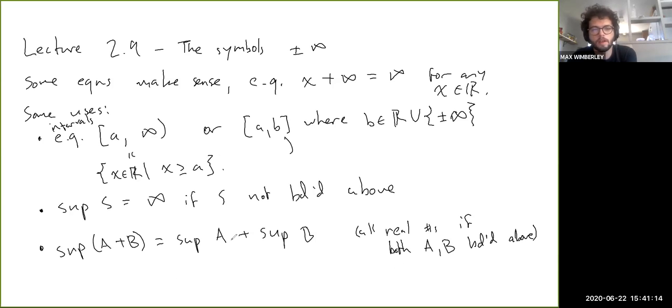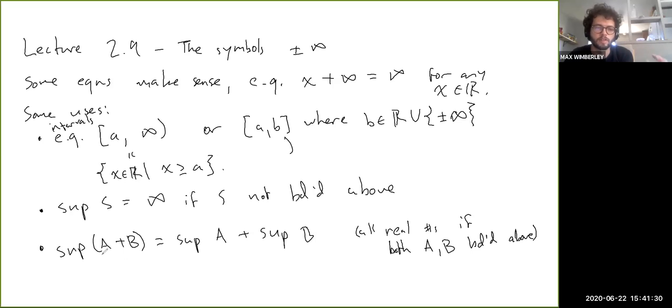But if either A or B is not bounded above, you can still write this equation down and it still makes sense. So we could make this statement even for sets that are not bounded above. We could make it for all pairs of subsets of R, which is a lot more convenient to say. We can encapsulate all of those.